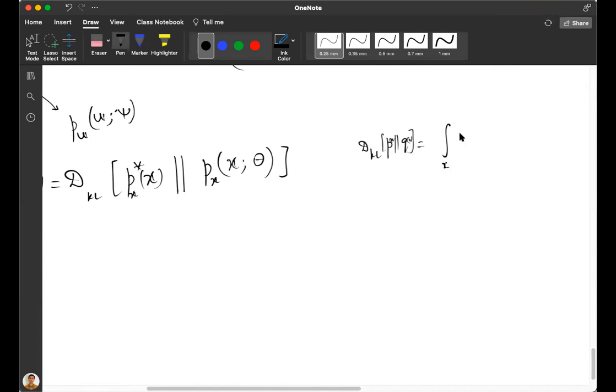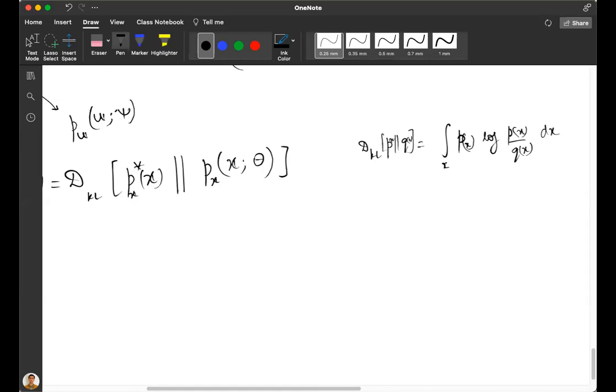Integral of Px times log of px upon qx dx. Okay, yeah, that's the thing.